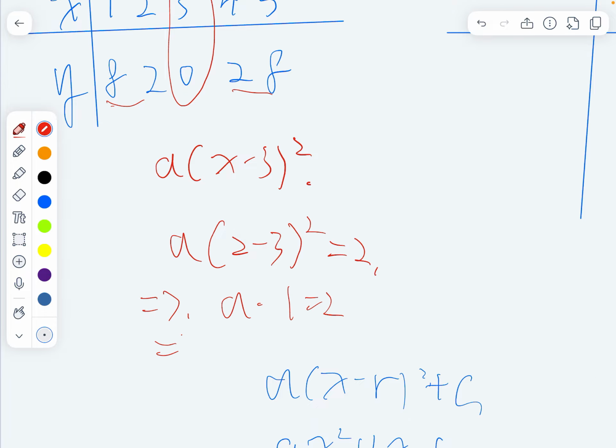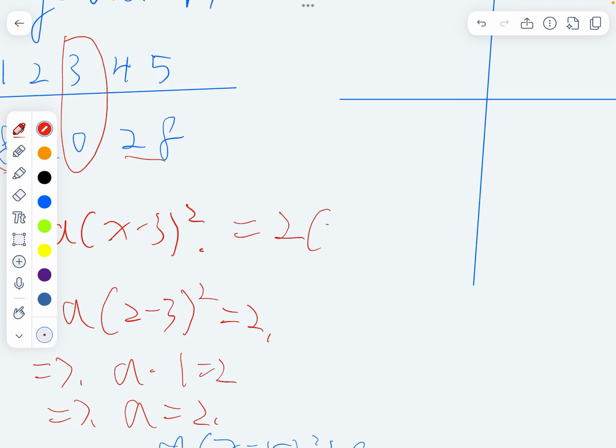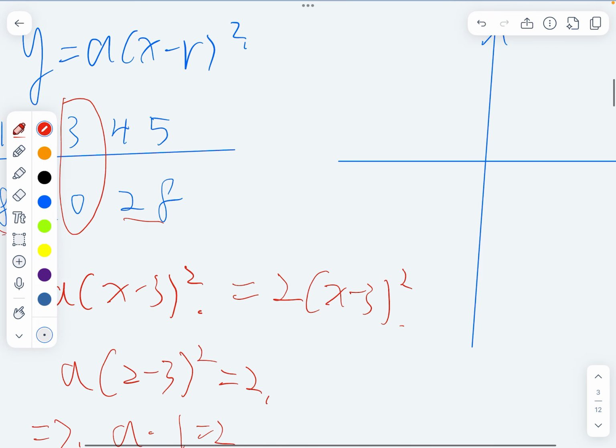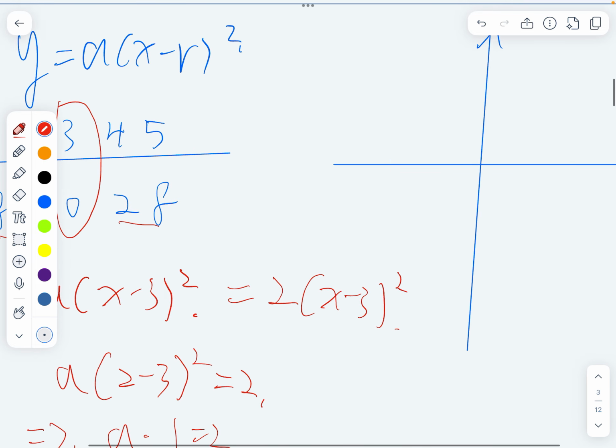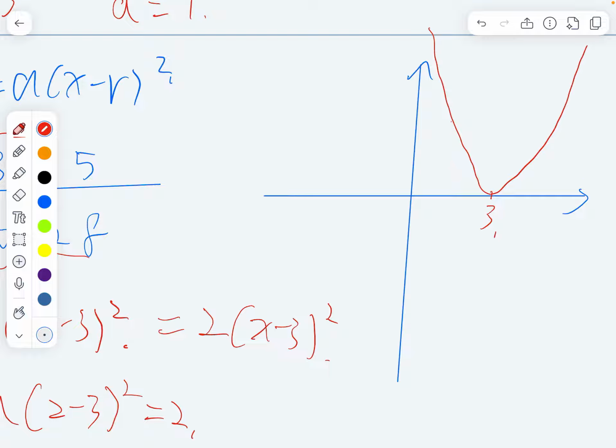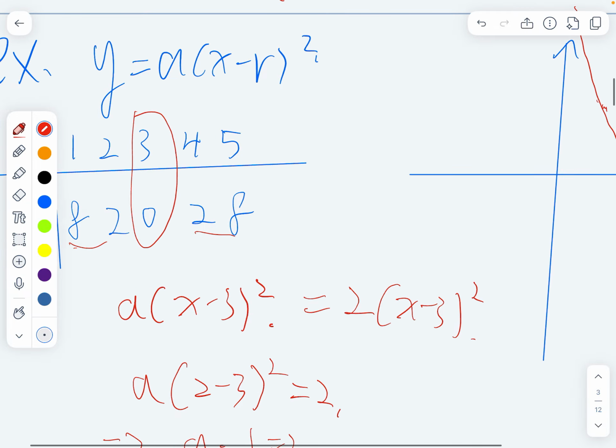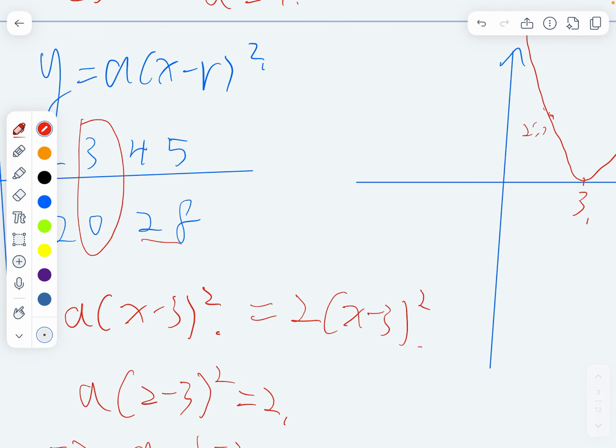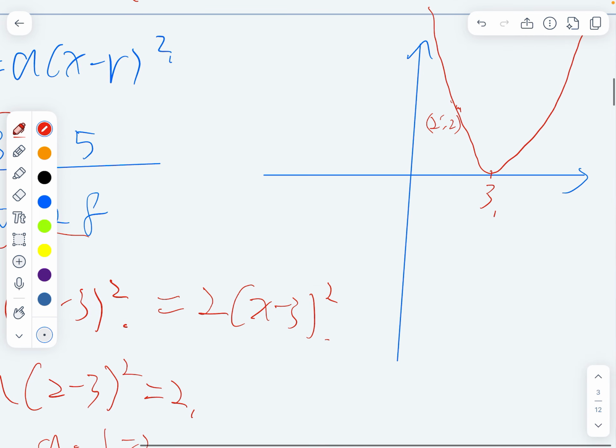So for the relation, we can write y = 2(x minus 3) squared. So the graph is like that. This is the 3, this one is the 2, and this one is the 4, 2.